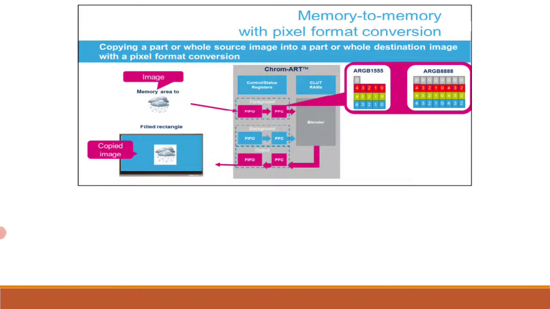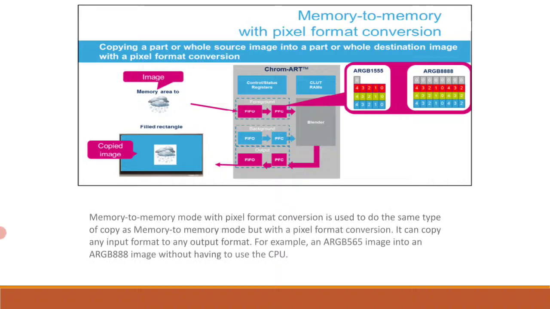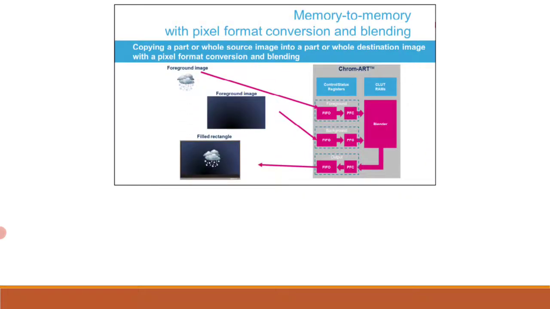Memory to memory with pixel format conversion and blending can happen this way. This mode is used to blend a part or whole of the source image with a part or whole of the destination image with a different pixel format.